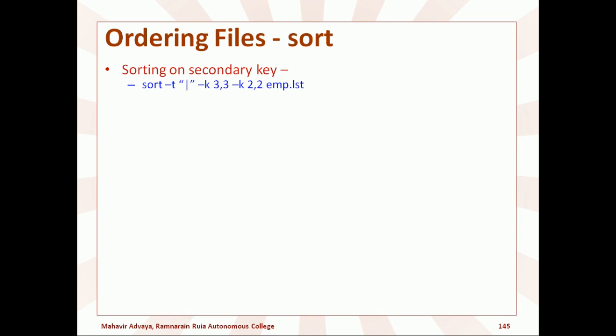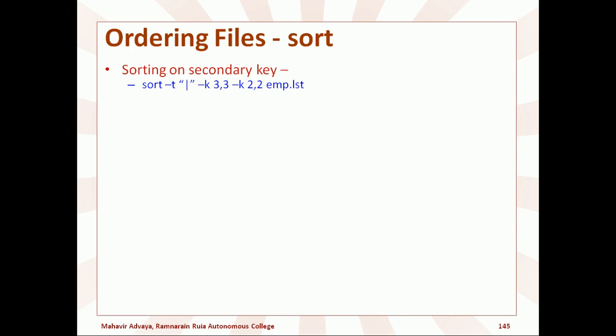Now the secondary key. The secondary key is used when, suppose you have common names and you want to sort according to the second letter of the name. In that case we use the secondary key.